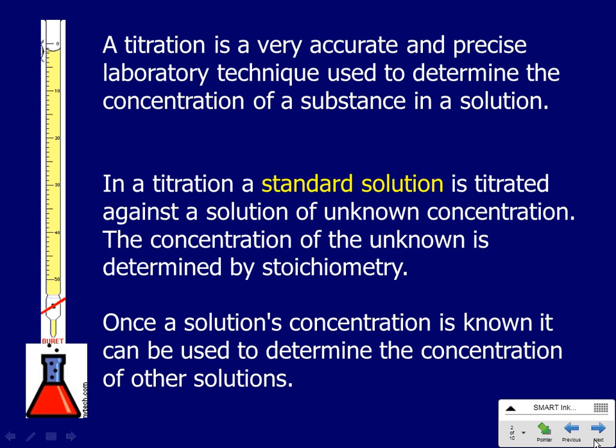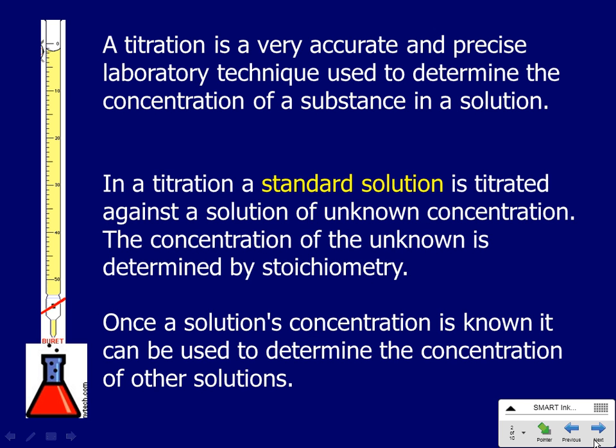When we talked about solutions and we talked about making solutions, I put a definition up there called a standard solution. It's usually formed by a solid, but it doesn't necessarily have to be formed by a solid. It can be a diluted solution. And a standard solution is simply a solution that the concentration has been determined very accurately.